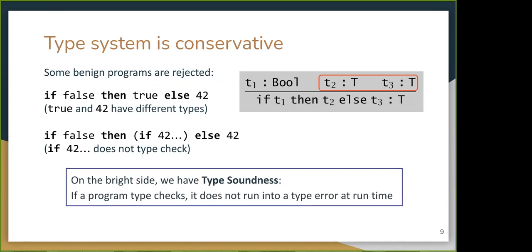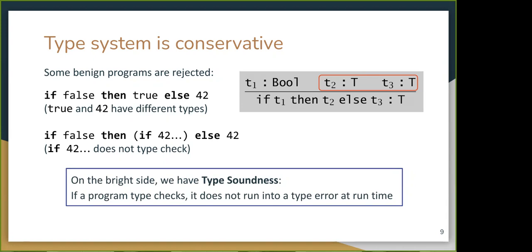But on the bright side of this complicated story, when we do have a static type system and our program type checks, and it's a real static type system with guarantees, I'll say at the end, I just mean not something like TypeScript or Python 3 type annotations.